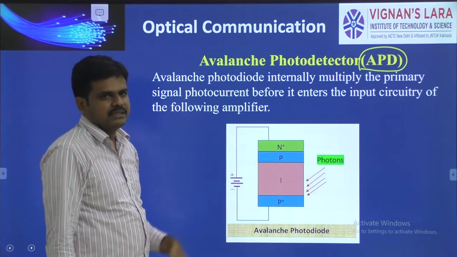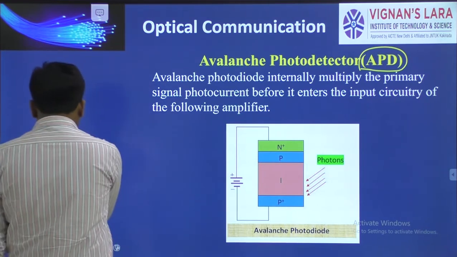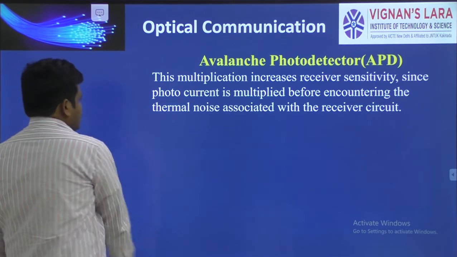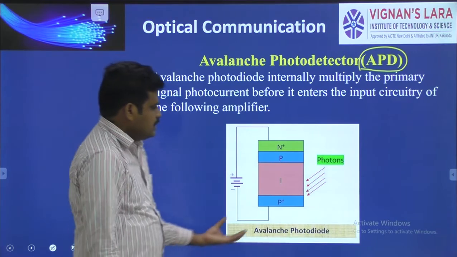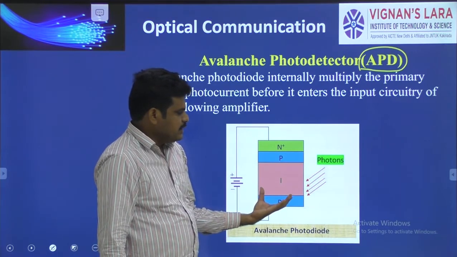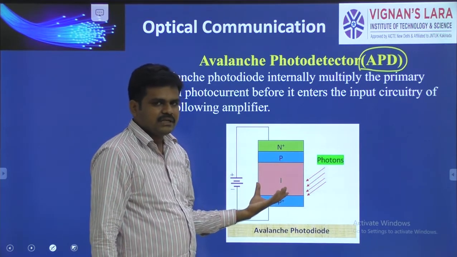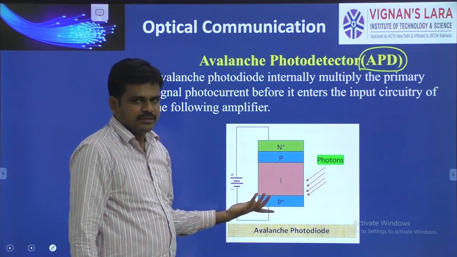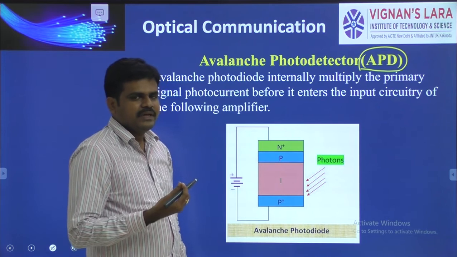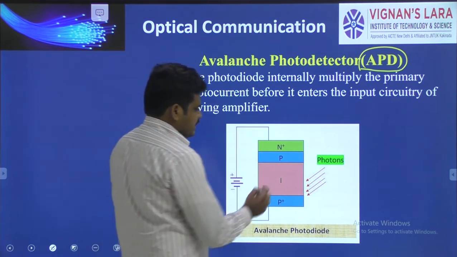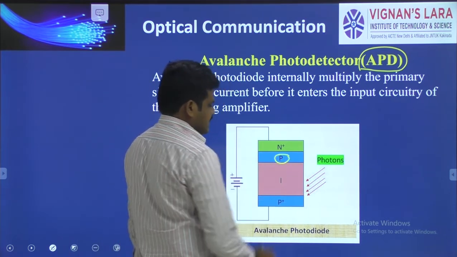So, what is happening here? The construction of the diode is almost similar to the pin diode, but a small variation is there, that is, extra p-type material is added.